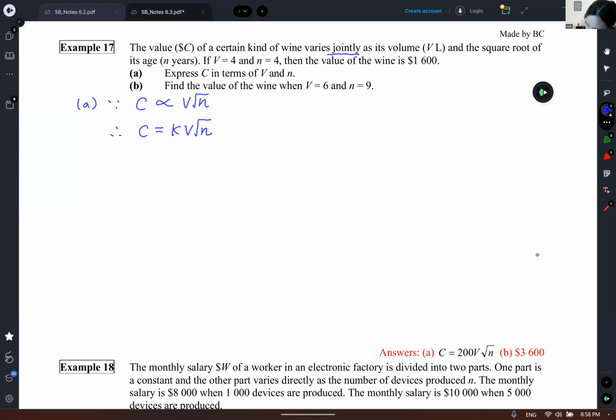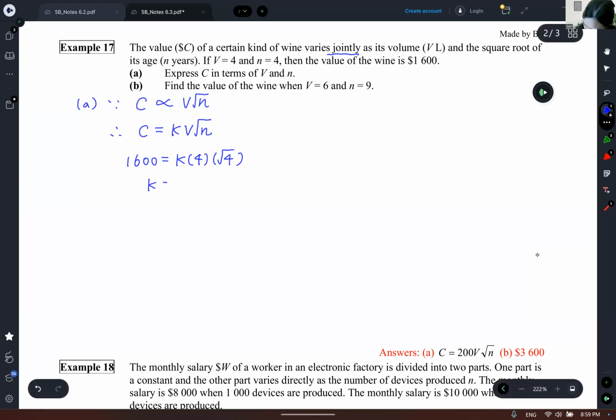And V equals 4, N equals 4, 1600 equals K times 4 times 4. Okay, so K equals 200, and then the formula is found.